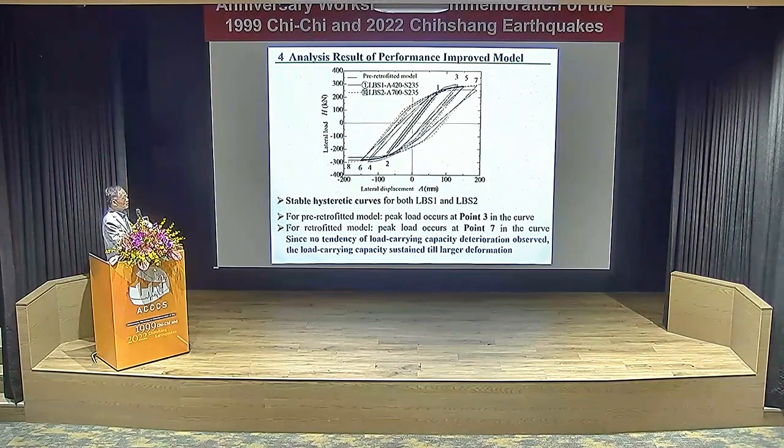We only perform the analysis here. Compared with the test results, we can say that no tendency of load carrier capacity deterioration is observed. So the load carrier capacity is sustained until larger deformation. This is one phenomenon.